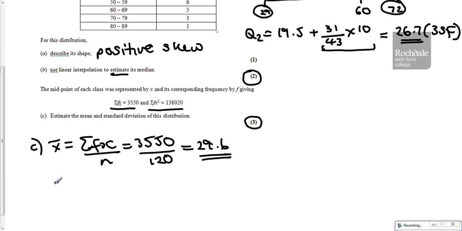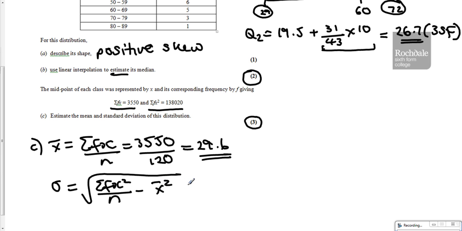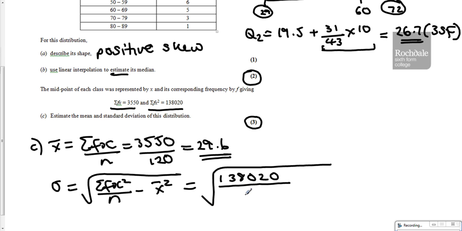Standard deviation is the square root of sigma fx squared over n, take away the mean squared. So again, they've told us this, they call them summary statistics. They've told us a summary of the data by telling us sigma fx squared.